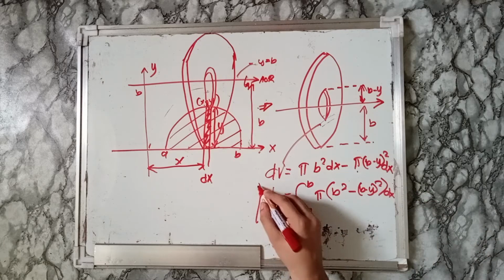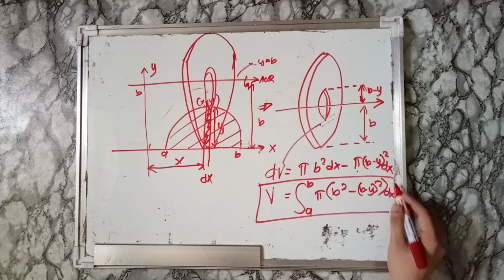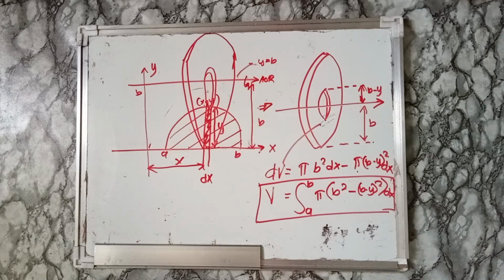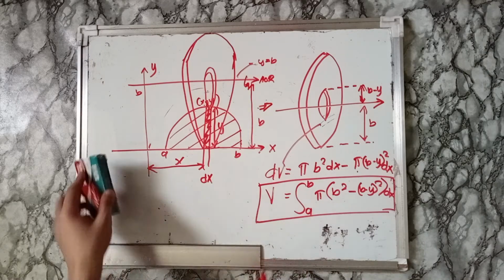So this is actually the concept or the principles of shell method. Now, let me give you one example in this. I mean, this is washer method. Sorry, this is washer method.